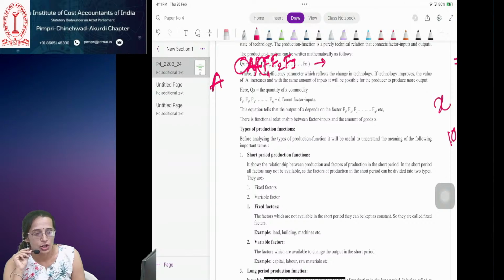Functional relationship. See, if we increase the amount of inputs, what will happen to the output? Will the output increase or decrease? So is it directly proportionate or inversely? So the functional relationship is that they are proportionately related, right?